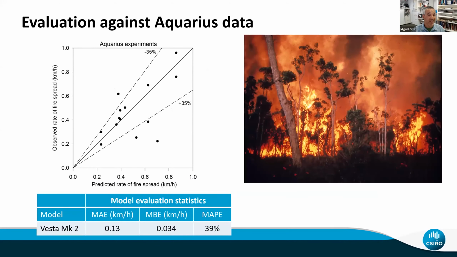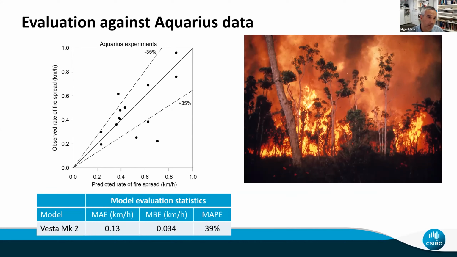Going to evaluation against some of the more independent data sets, that's where the models really start to show if it works or not. Here's some data from Project Aquarius, from the 1980s, some experimental fire data in WA. Again, a similar range to Vesta, 0 to 1 kilometer per hour.